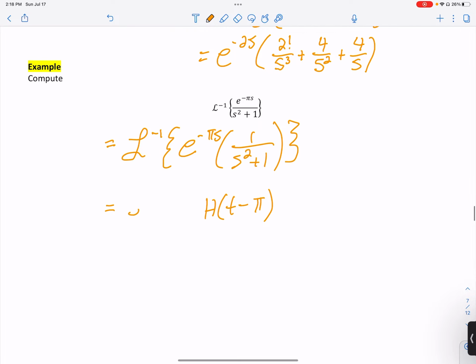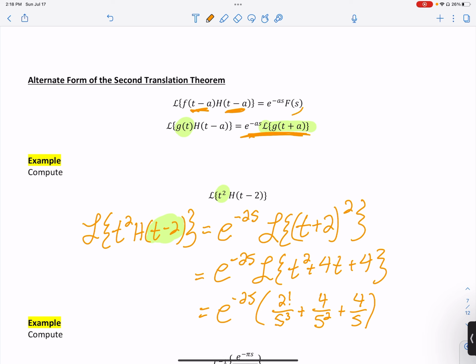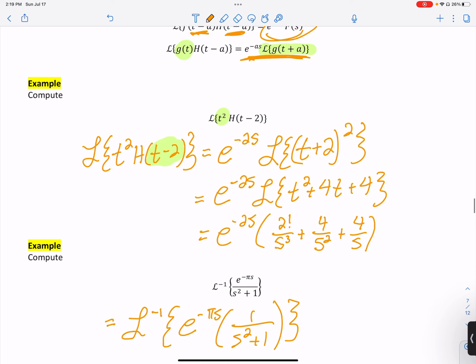So we get sine of, because that's what this is, right? That's sine of t. But we get to put a t minus pi. Just going backwards. I know that's a sine, and then this actually follows that top rule, right? So we are here, and we went there without the L, because now we have the inverse Laplace on the right side.